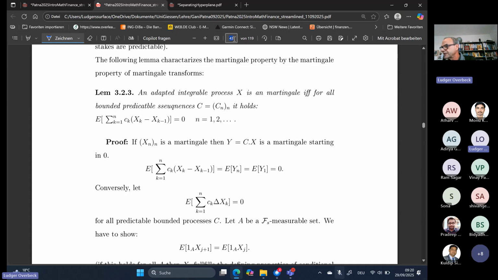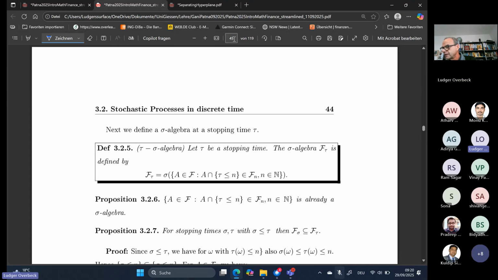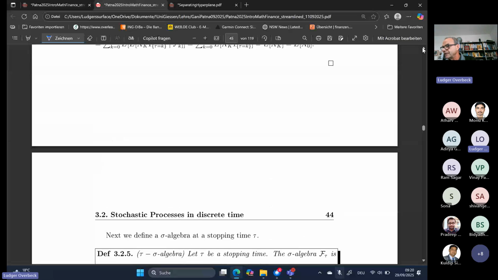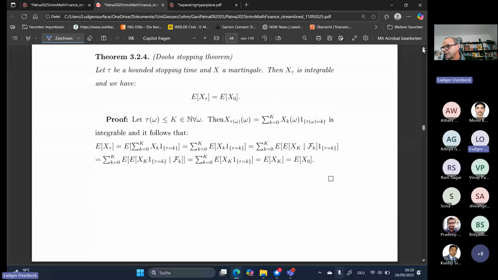This could be a typical strategy, say, as a trader. You just keep your portfolio and stop at a certain time. Then you exit, you sell at the optimal time.